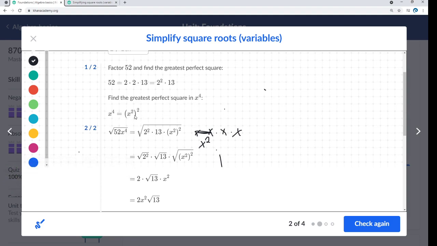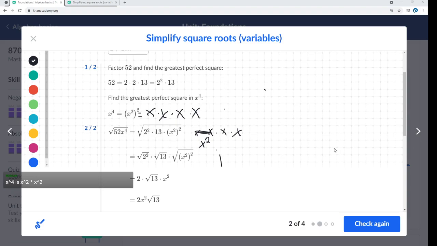I guess that makes sense. x squared is the same thing as x times x, x times x times x times x, right? That's basically what they're doing, finding the greatest perfect square, and my brain is just melting because there's a variable in here.